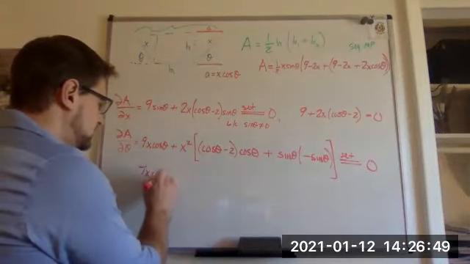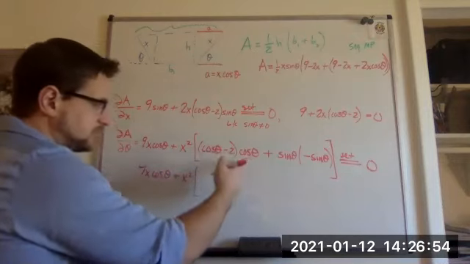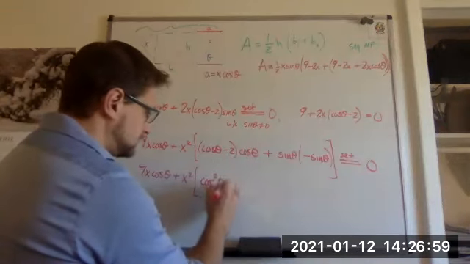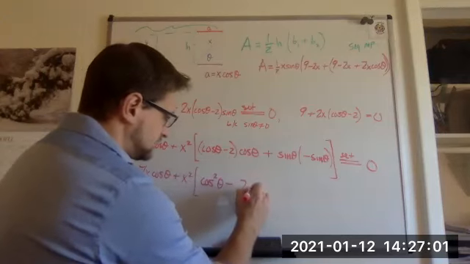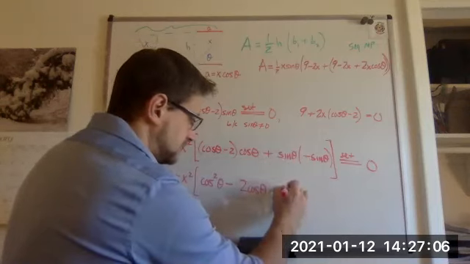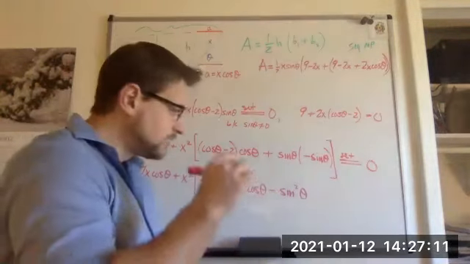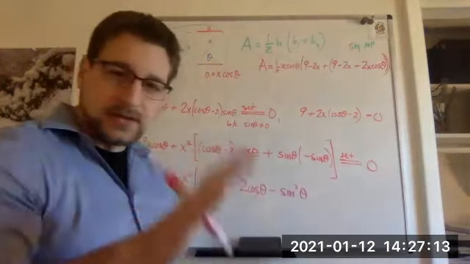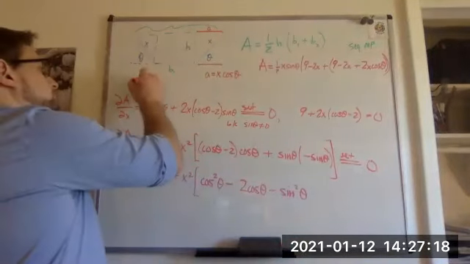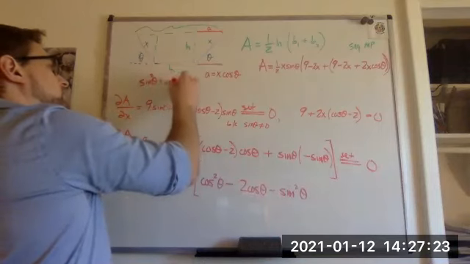9x cosine theta plus x squared. So let's distribute. This is cosine squared minus 2 cosine minus sine squared. Now, sine squared theta, if we think about Pythagorean identities, sine squared plus cosine squared should be 1.